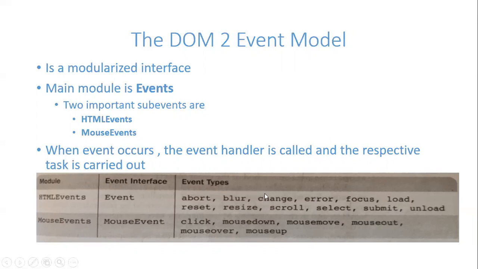The neat thing to understand is that when these kinds of events occur, these two interfaces come into the picture. They automatically catch hold of the event, and then we can associate functions with those events, and those functions get executed implicitly when these events occur. For example, I can have a display function associated with the mouse event. Whenever a click happens, the display function will be called.